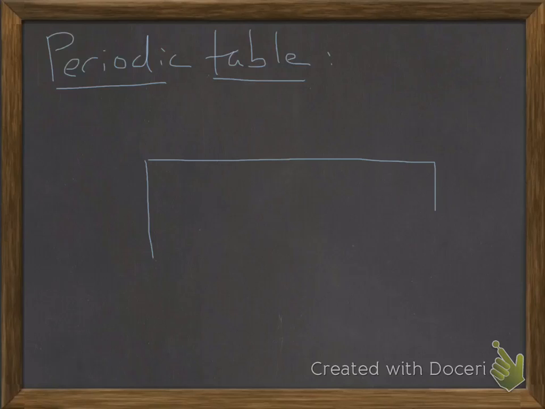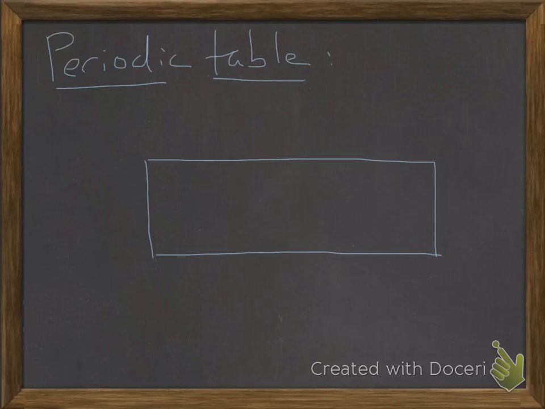You've all seen it. But you need to know how it's organized so that you can properly read it. It's a grid with a bunch of boxes, and each box represents a single element, whether it's one letter or two letters. The only reason they use two letters is because they ran out of single letters.